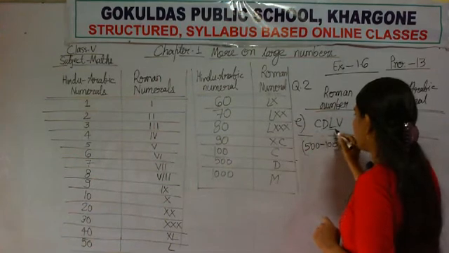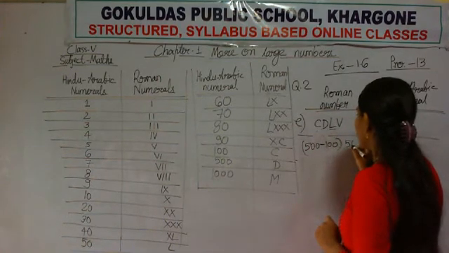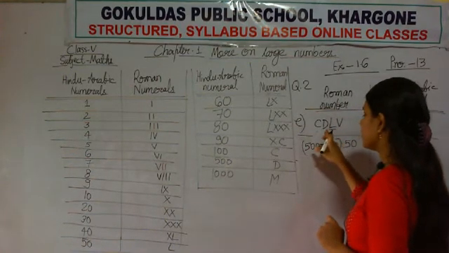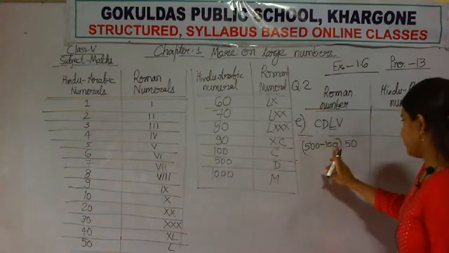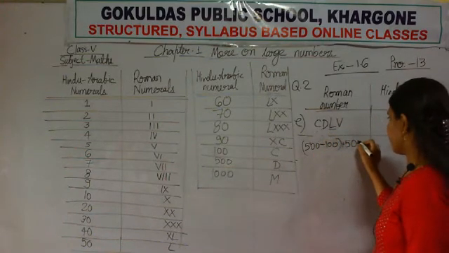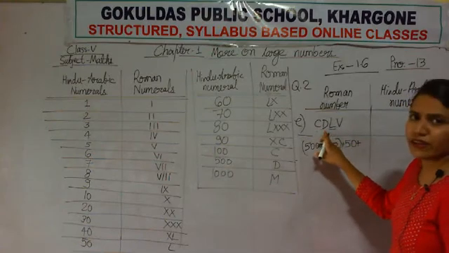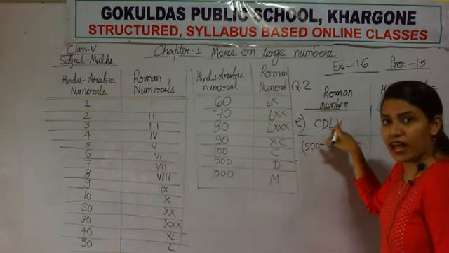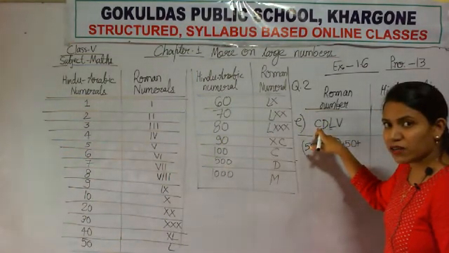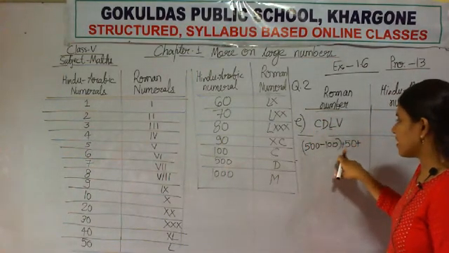Now L. L means 50. 50 is smaller than 500 and 50 is right to the larger number. So you will put a plus sign here.